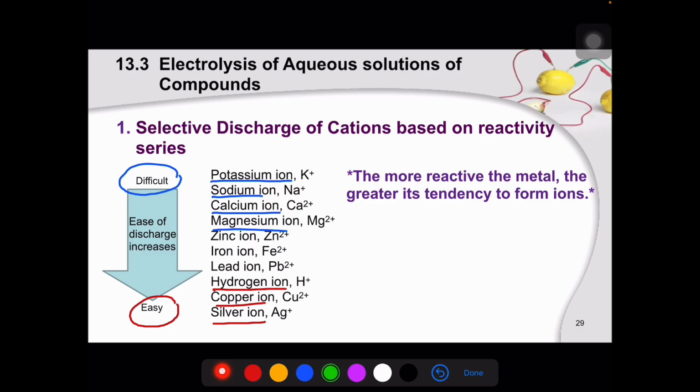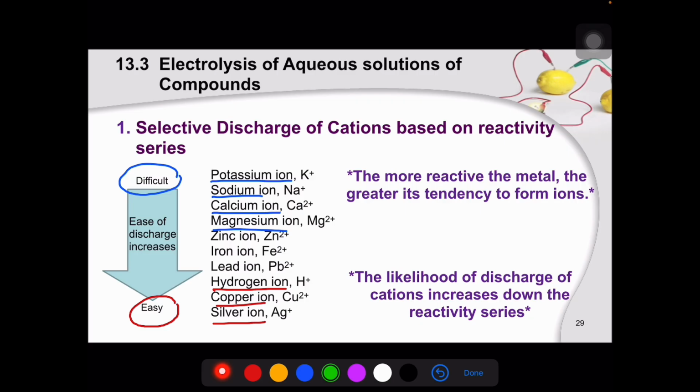So, for instance, potassium, sodium, calcium, and magnesium are very reactive and they will form ions very easily. This will also mean that the chances of the ion being discharged, which means that the ion wants to form back to the element, actually increases down the reactivity series.